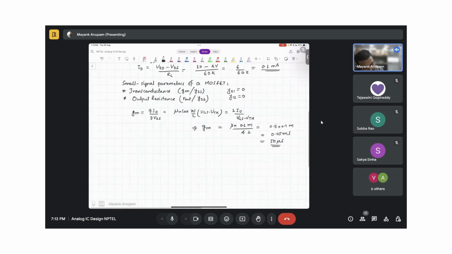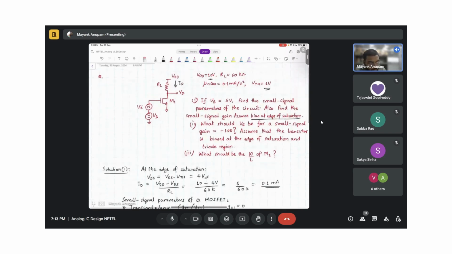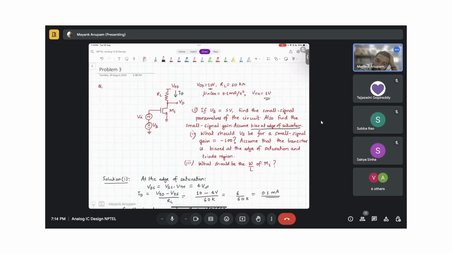Now what is the output resistance here? It is nothing, right?